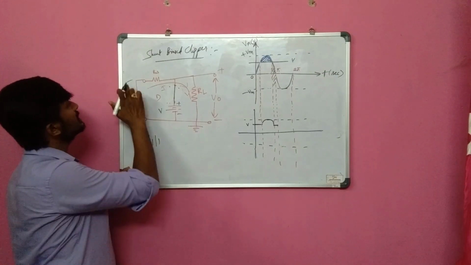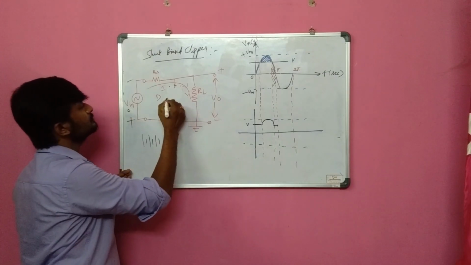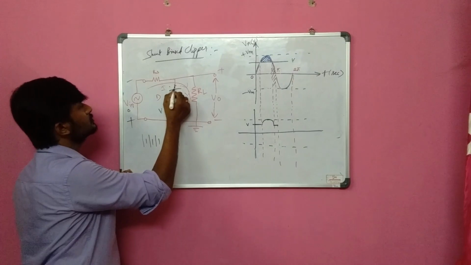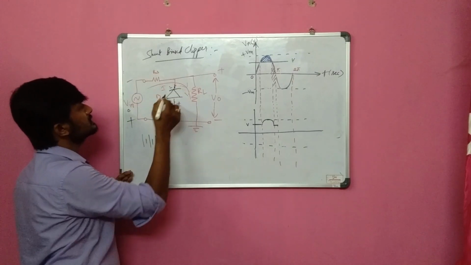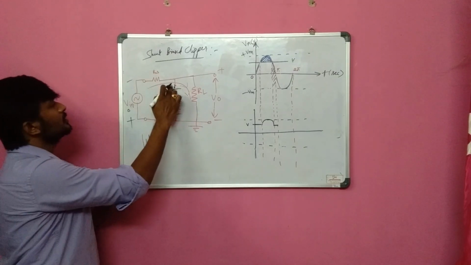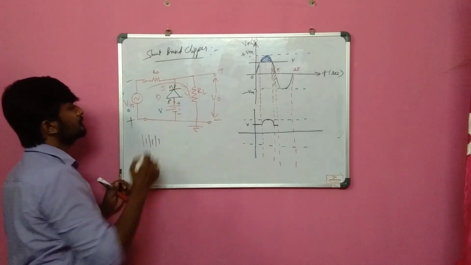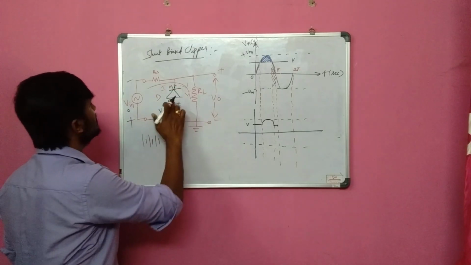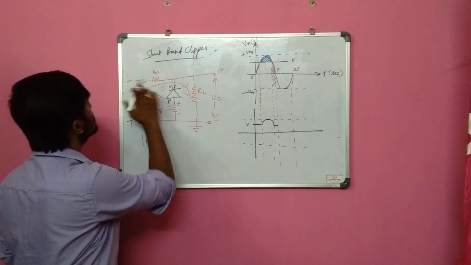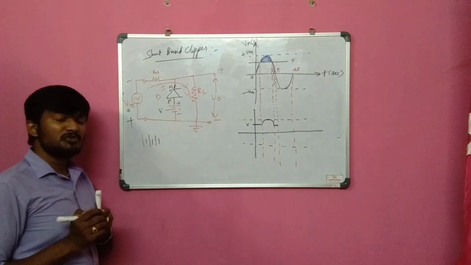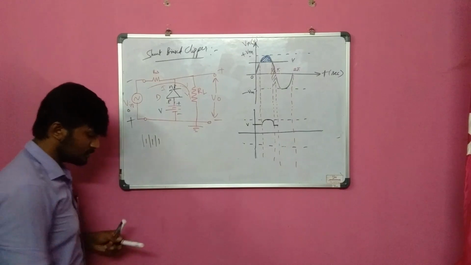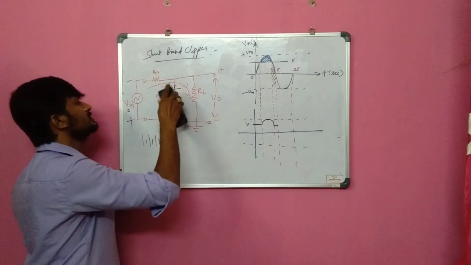So here what happens? If I replace the diode again, negative is connected to N and positive is connected to P. This is called forward bias. Forward bias means again a short circuit, so I will replace the diode with a short circuit.